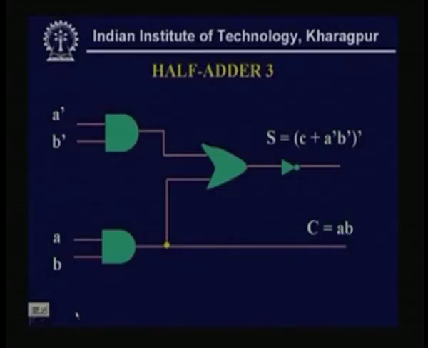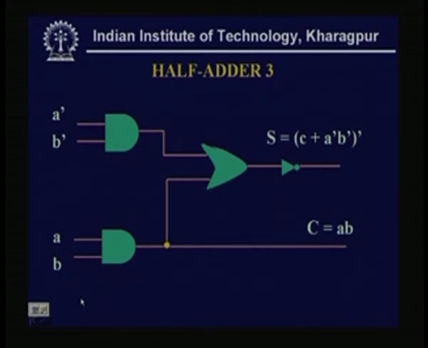Now, see, the same thing has been realized. So, this is the carry, as it is, A B carry is there. Now, I am taking the carry as one of the inputs, and the other input is coming from a 2 input AND gate, A dash B dash. So, again it is fed to the OR gate. So, this is C plus A dash B dash, and now it is complemented. So, one inverter is put.